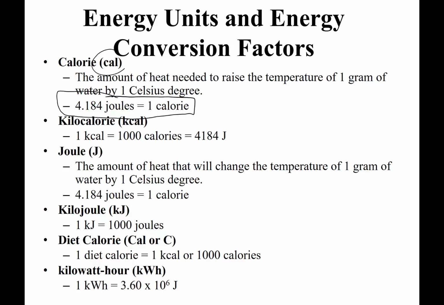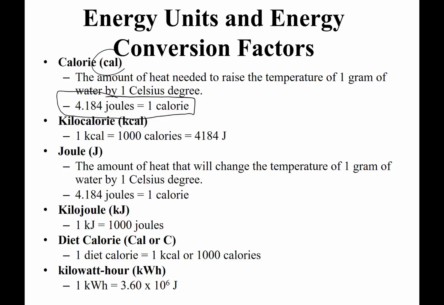That is a conversion factor, just like 254 grams equals 1 pound. And 1 joule is approximately the energy required for a heartbeat. Okay, so that's where that comes from. Calories are also used in food calories, but usually that's 1,000 actual calories. A food calorie is actually a kilocalorie.